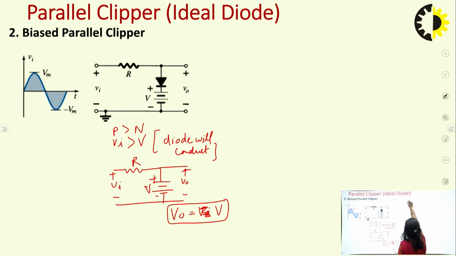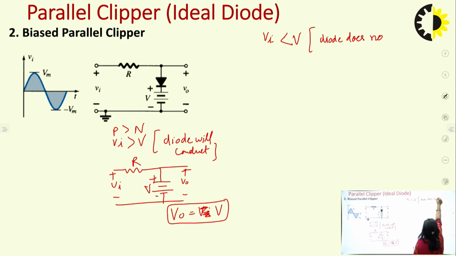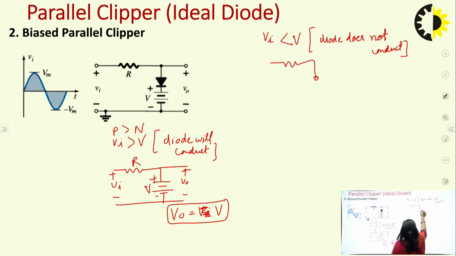So output voltage would be equal to V. Now the condition in which our diode will not conduct. So that condition is Vi less than V. For this condition diode does not conduct. And in that case the equivalent circuit would be, now the diode will be open, so equivalent circuit will be like in this way.